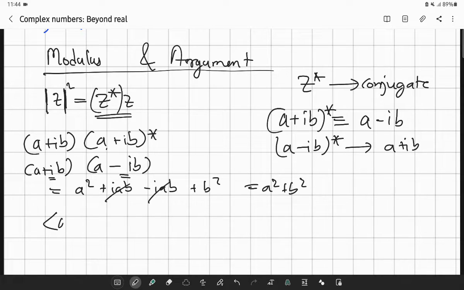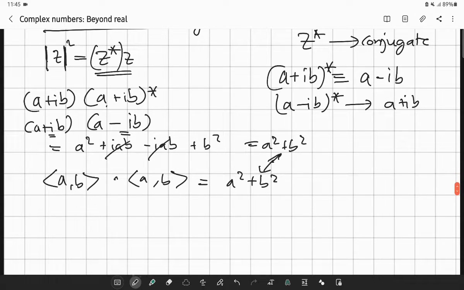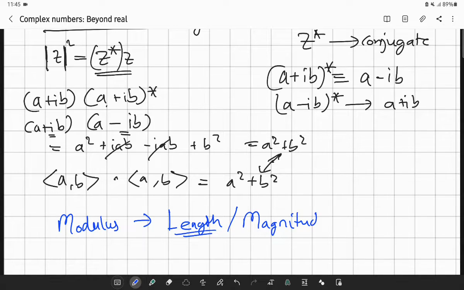Now if I had a vector a b and dotted it with itself, won't I have a squared plus b squared? It's exactly identical. So the modulus is in fact giving you the length, or the magnitude, because length is for vectors. For a number, you just take the magnitude of a complex number z.